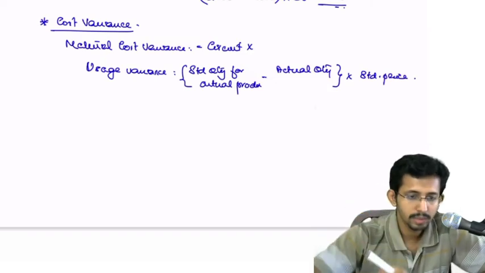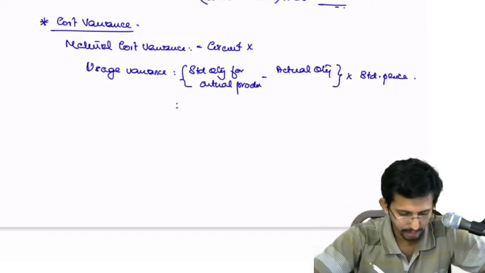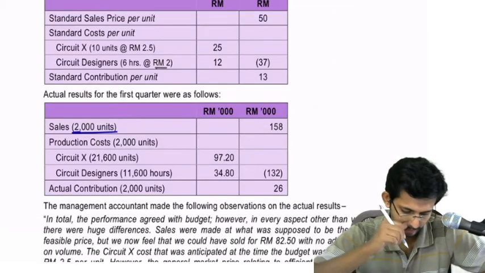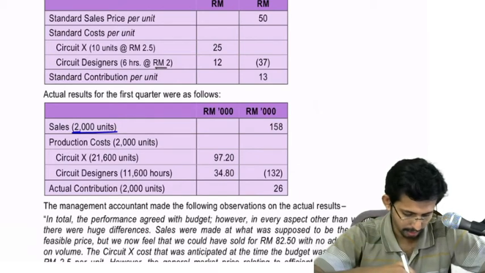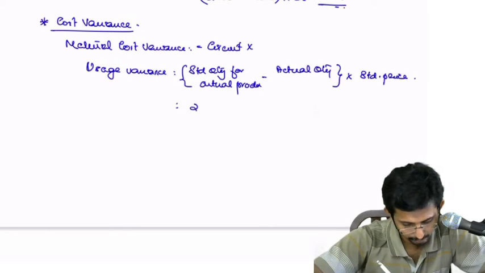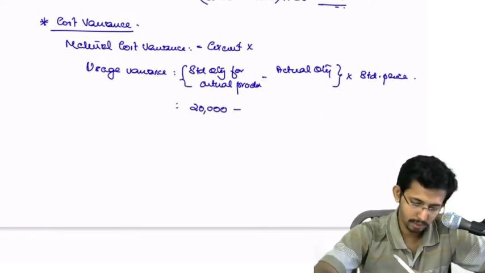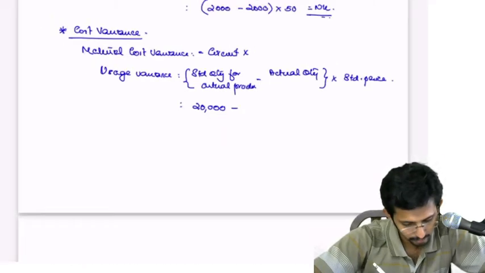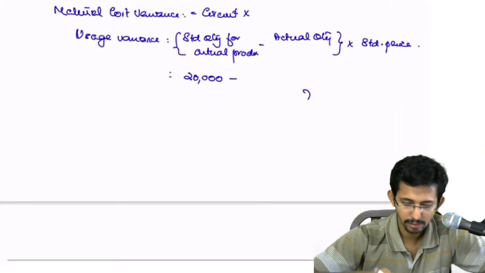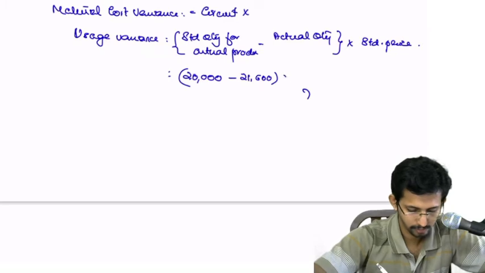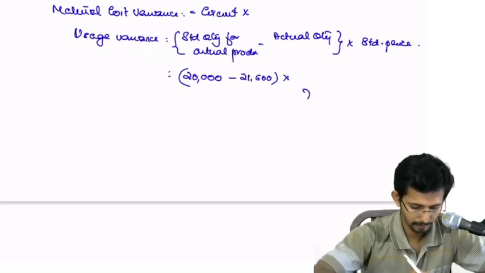Okay, so what is standard quantity for actual production? What is actual production? 2000. 2000 into 10, that is 20,000, minus actual quantity. Actual quantity was how much? 21,600, into what is standard price?